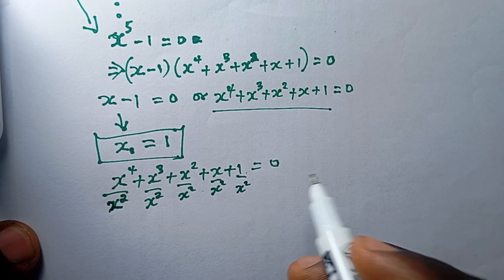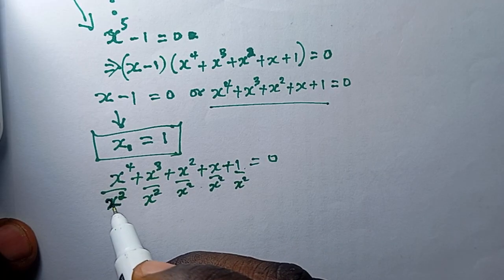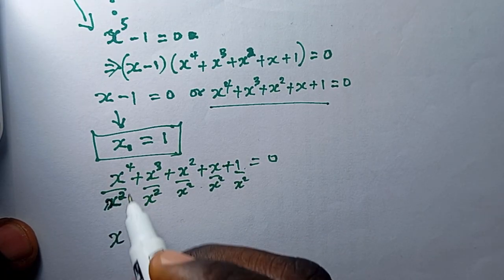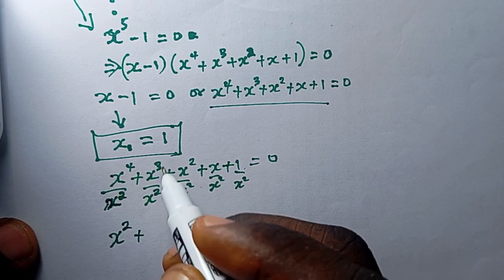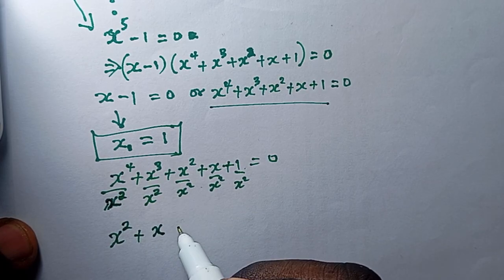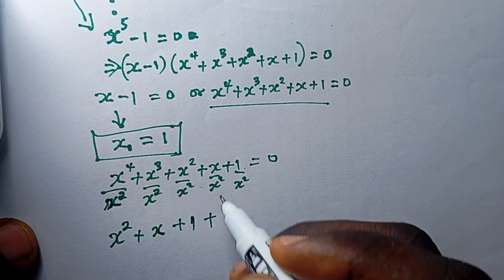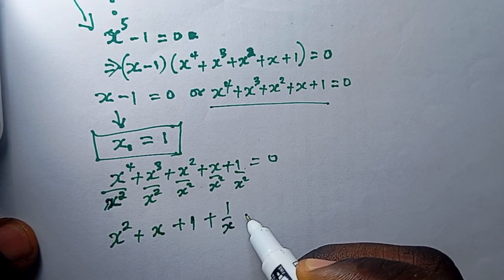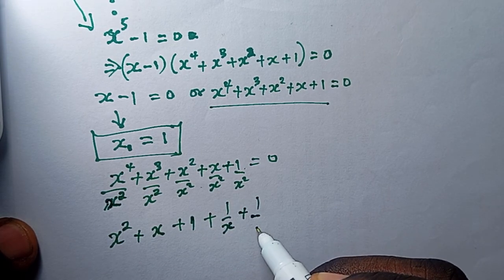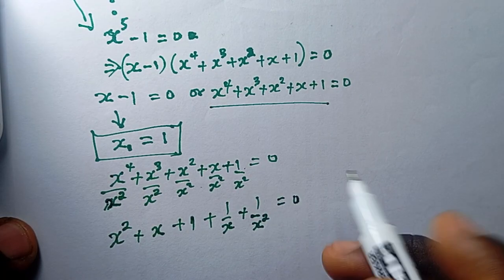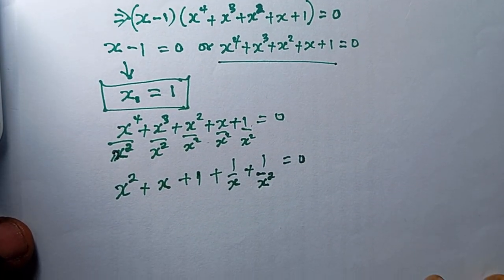So that's x power 4 divided by x power 2. What we're going to be having here is x power 2. This one will have x. This one, x power 2 divided by x power 2 is 1. So here we'll be having 1 over x. And here we'll be having 1 over x power 2. And these will still be equal to 0.